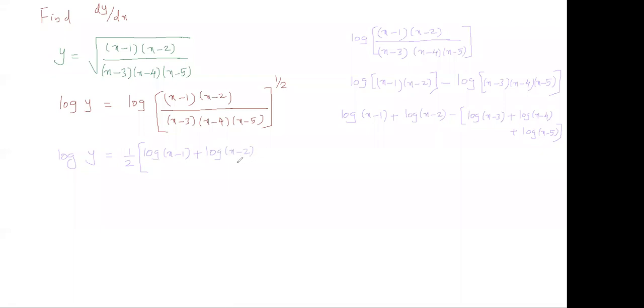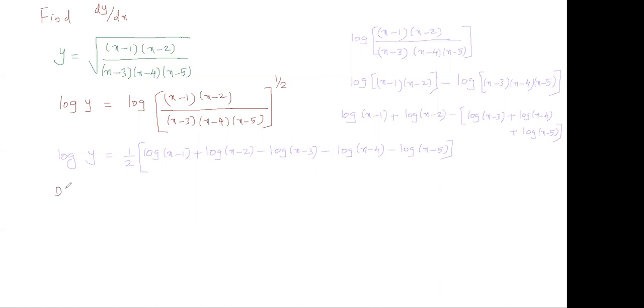Then you can see that there is a minus outside, so open with that minus: minus logarithm of x minus 3 minus logarithm of x minus 4 minus logarithm of x minus 5. So now you have simplified that function in a very simple way. And you know the derivative of log x is 1 by x. Derivative of a sum is the sum of the derivatives. Using these things, you can easily differentiate this.